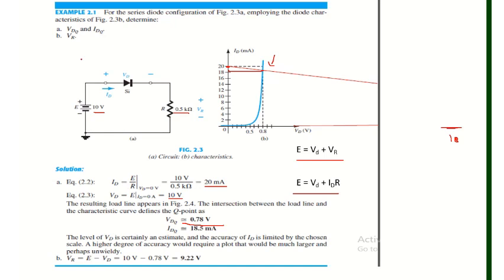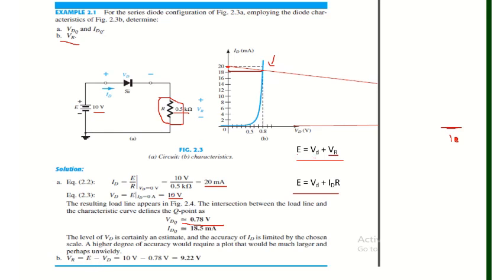Okay, in the second case, we need to find the VR, and VR is the drop across the resistor, and we knew that the rise in potential is 10. The first drop is 0.7, basically 0.78, and the second drop we need to find, so from the same equation, E is equal to VD plus VR, and VR is equal to E minus VD.